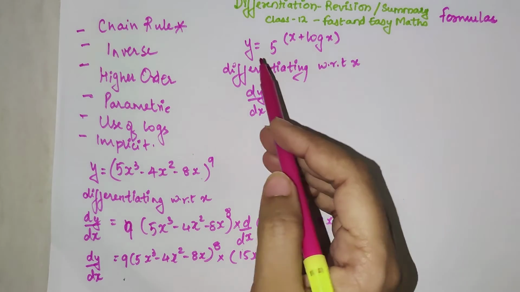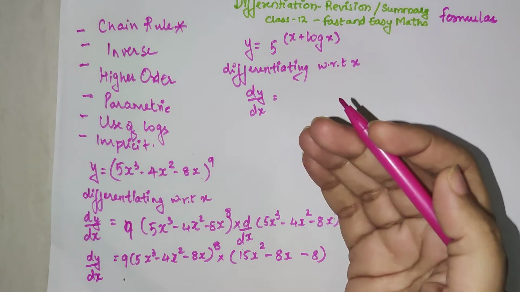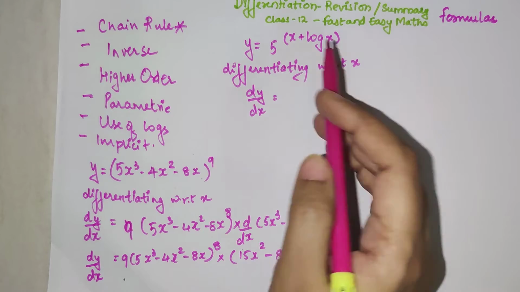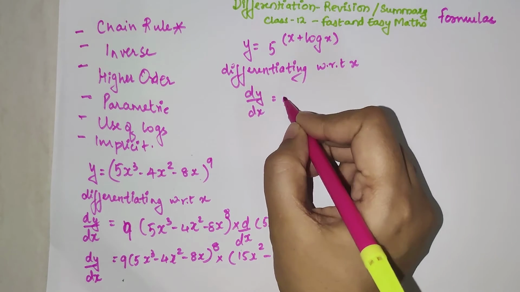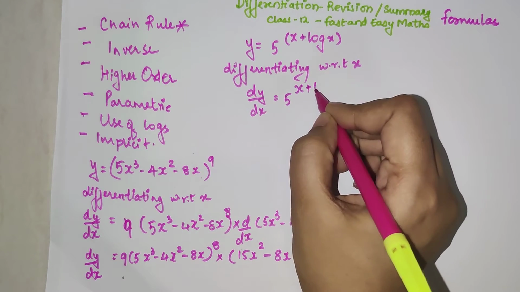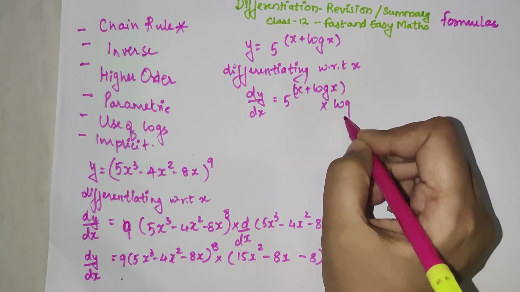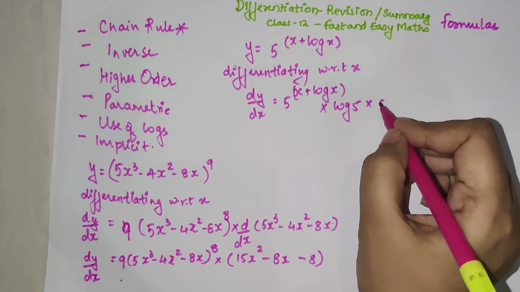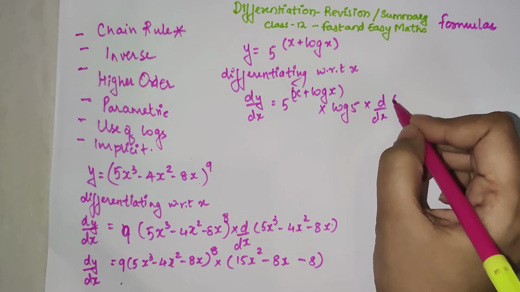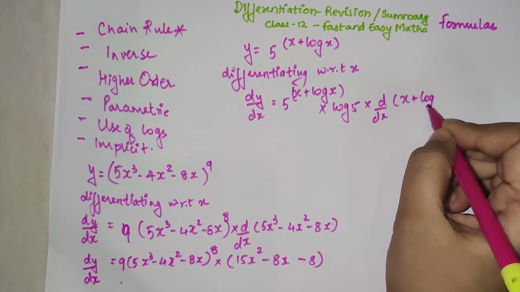But since this entire thing is in the form of a raised to x, but it is still a function of x, so we are going to write 5 raised to x plus log x into log 5 into differentiation of x plus log x.